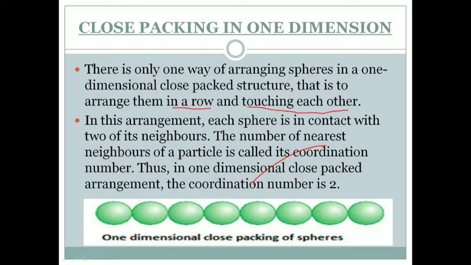Here you can see in this arrangement each sphere is in contact with 2 of its neighbors. The number of nearest neighbors of a particle is called its coordination number. Here you can see in 1-dimensional close packed arrangement the coordination number is 2. That means every sphere is surrounded by its 2 neighbors. That is why the coordination number is 2.